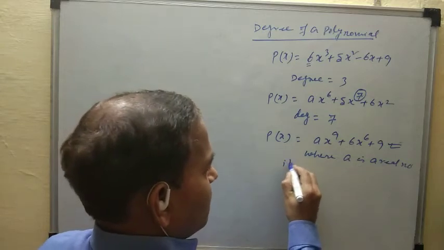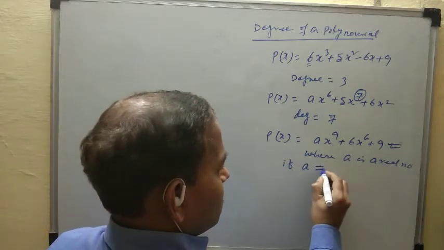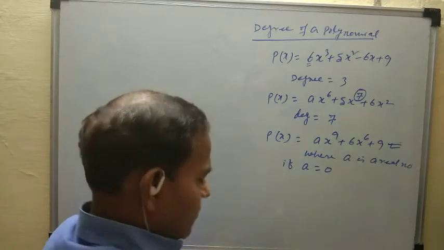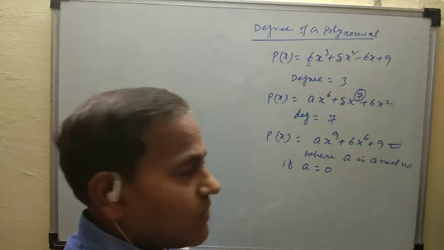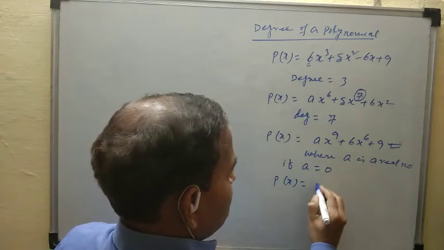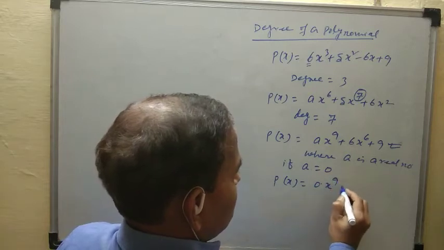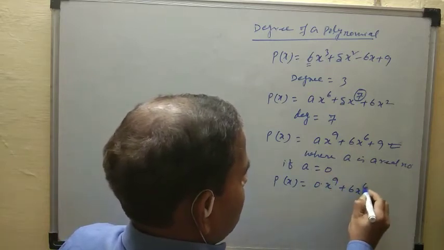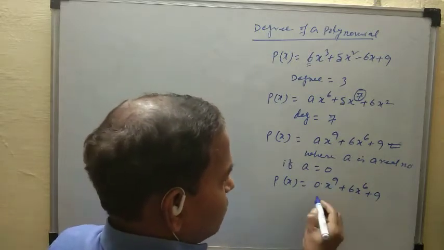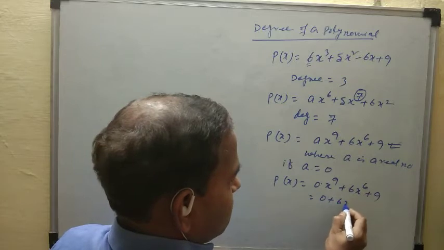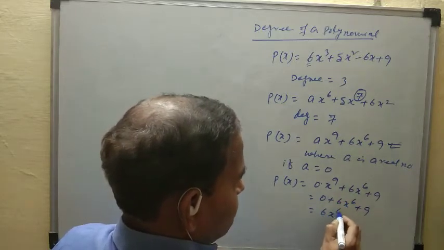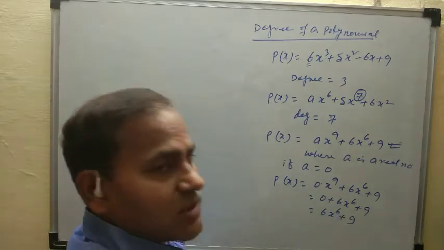So first, suppose a is equal to 0. Then p of x: put a equal to 0, so 0 into x to the power 9 plus 6x to the power 6 plus 9, and 0 into x to the power 9 is 0. So this equals 6 into x to the power 6 plus 9.